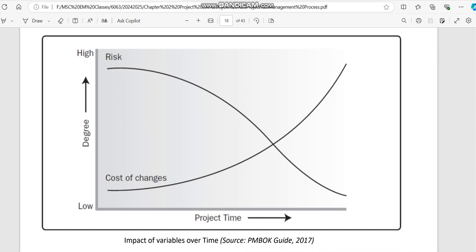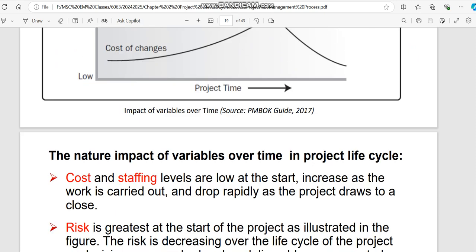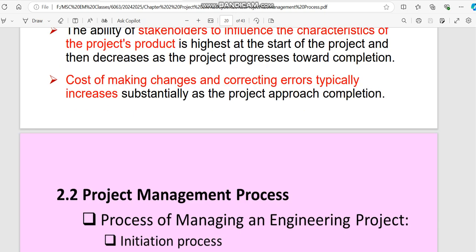At the initial stage, if you want to change anything, the time and money cost and the risk are lower, but as you move on into the project, the cost of changing gets higher, but as things are put together, things become more and more obvious, so the risk will get a lot lesser as we go along. Okay, and these are some of the risks.